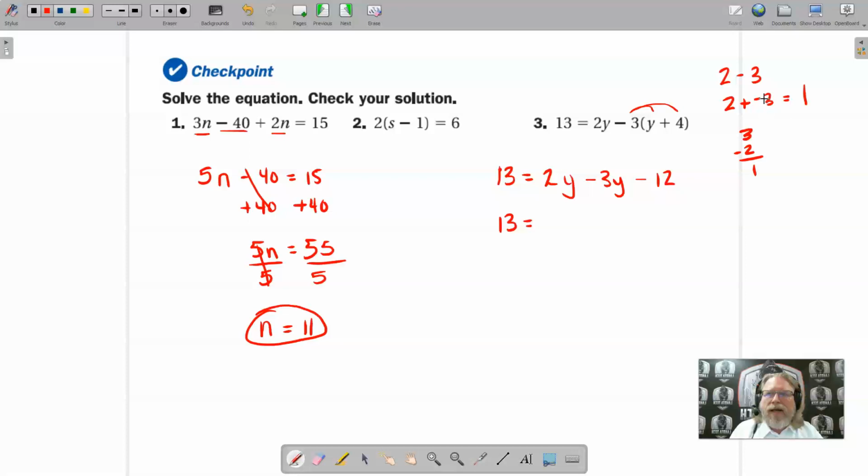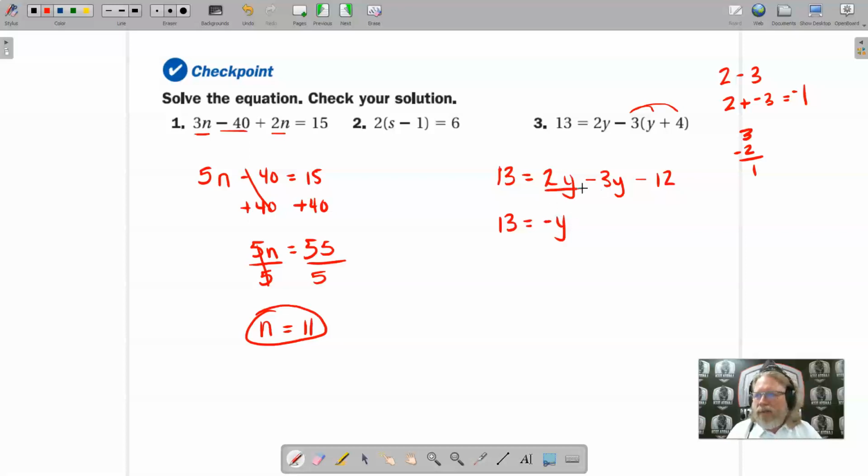And the negative 3 has a greater absolute value, so our answer is going to be negative as well. So that's going to be negative 1, so we have negative 1y. But we don't actually want to write that as negative 1y. We just want to write that as negative y. We understand that there is the leading coefficient of 1 there, but we don't have to write it.